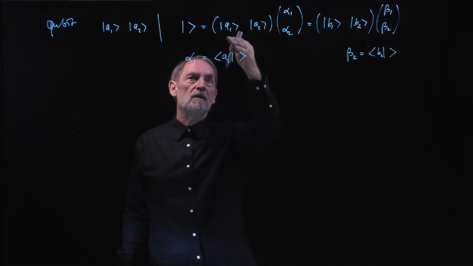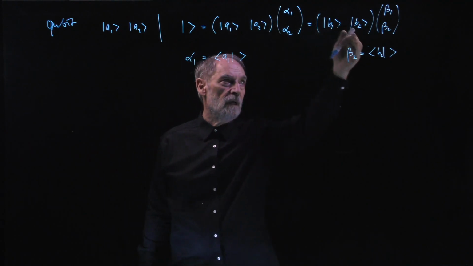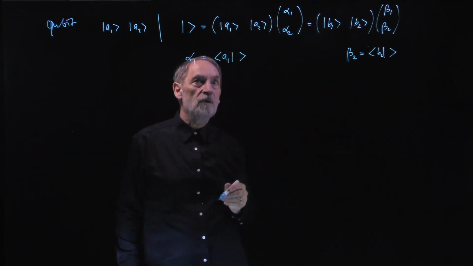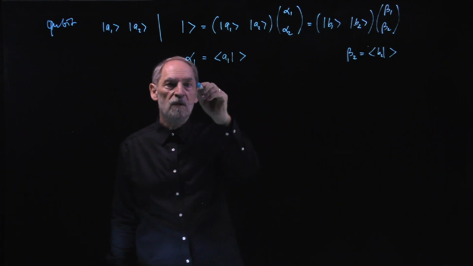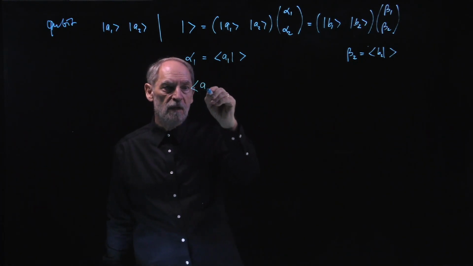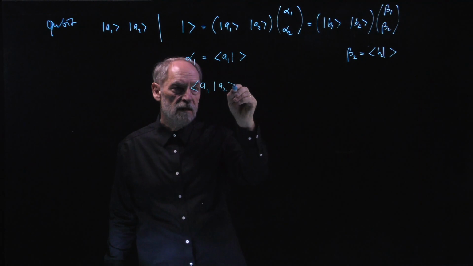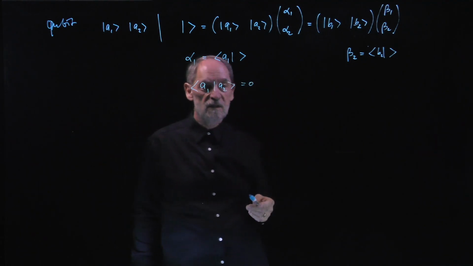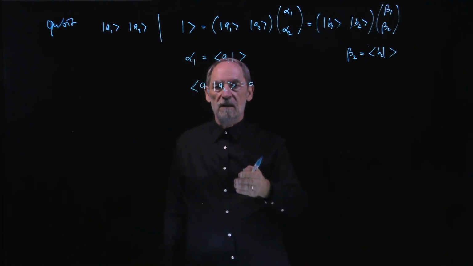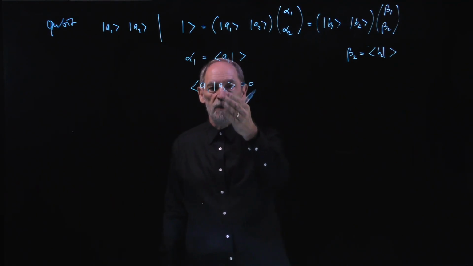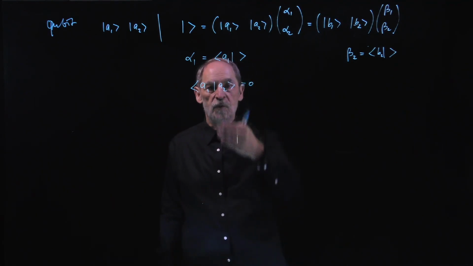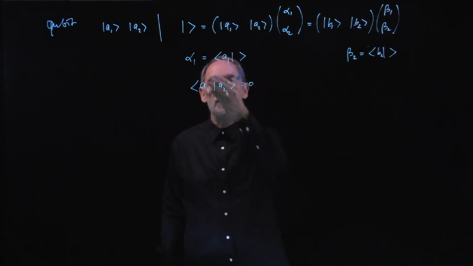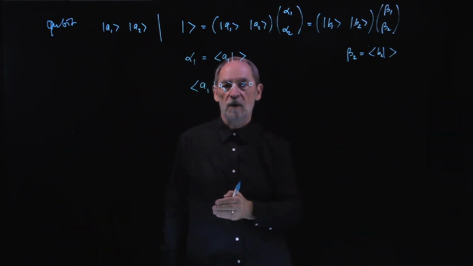Now, what is important about these choices A1 and A2 is that if I have the bracket of A1 and A2, that will be 0, which is just saying that if my qubit is prepared such that it has the property described by A2, it will not have the property described by A1.